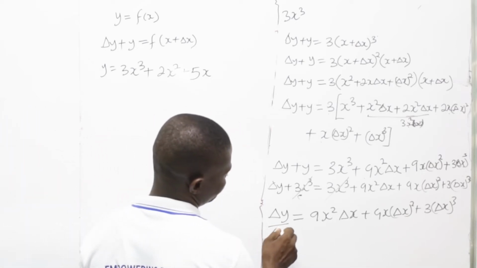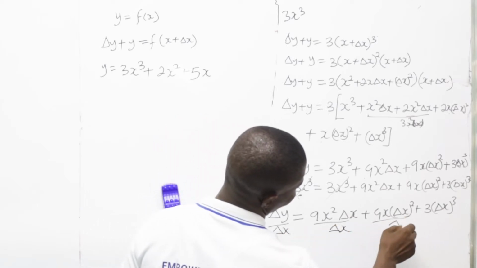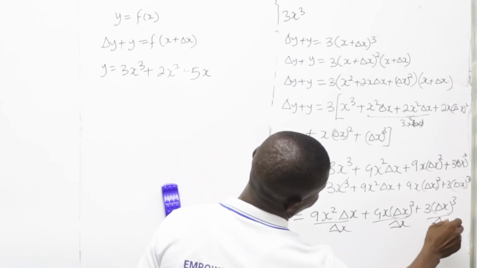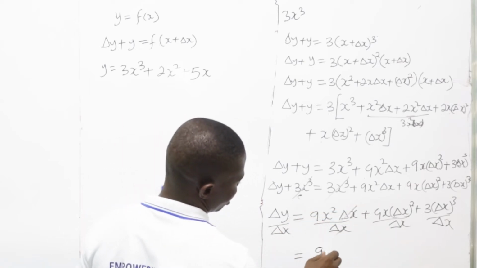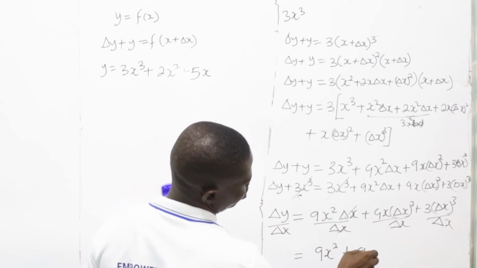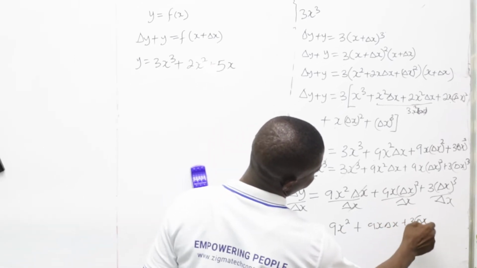After dividing through by change in x, it's going to give us what you see now. That is 9x squared plus 9x change in x plus 3 change in x all squared.